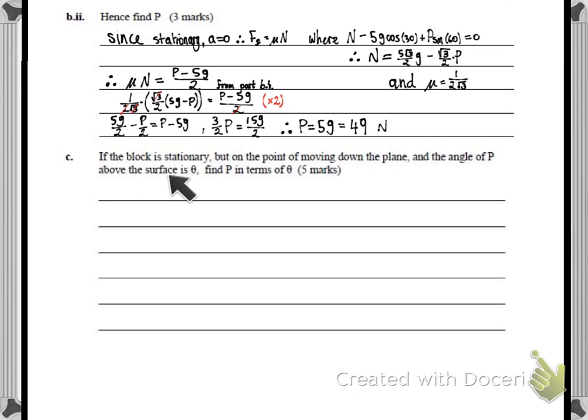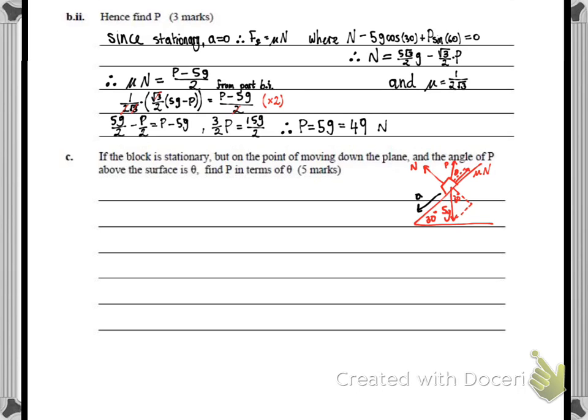Now, if the block is stationary, but on the point of moving down the plane, think about the direction of our friction force if it's moving down the plane. To help you do that, it's important to sometimes just draw the scenario with the forces acting in the right directions. So here, if we're moving down the plane in this way, that's the direction of the acceleration.